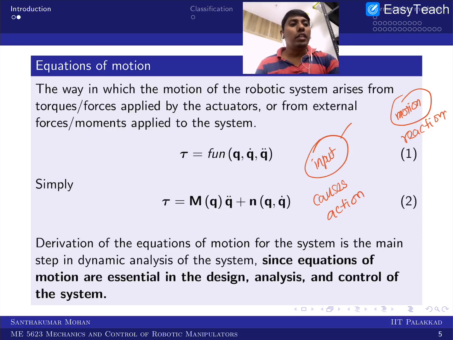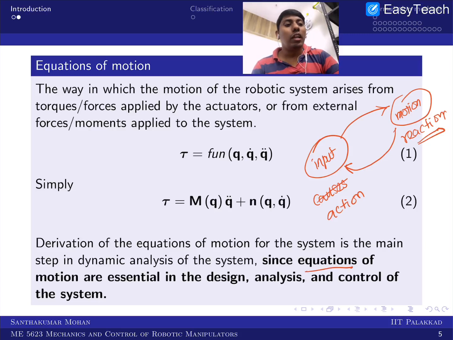We are trying to see the mapping: what reactions happen if I give some action? I connect an actuator and give input, and what happens to the motion? That is one kind of mapping, or the other way around: I want this particular reaction, so what is supposed to be given as the input, the action? This is what we are trying to see.